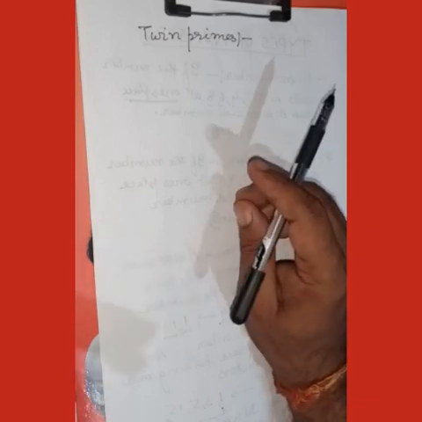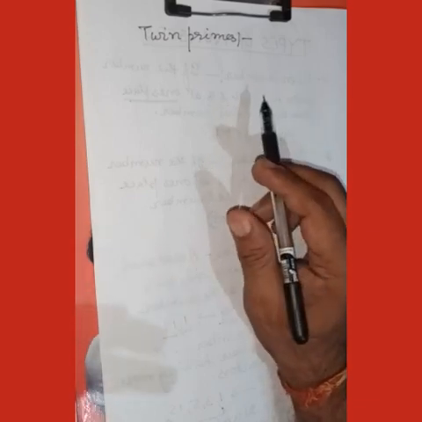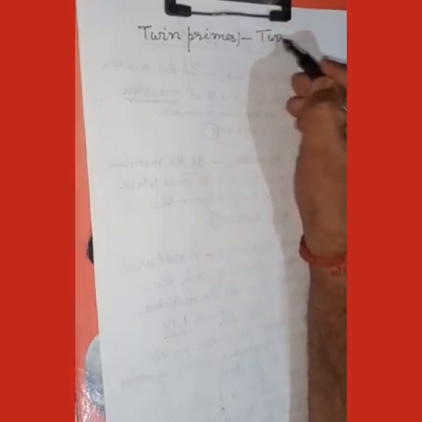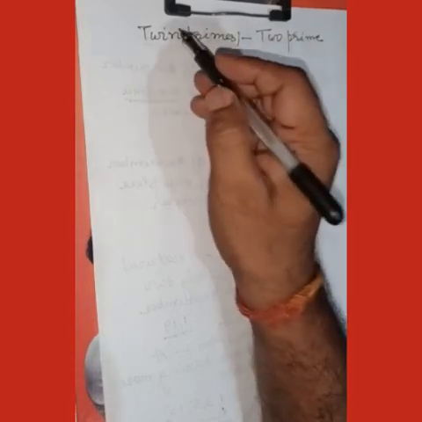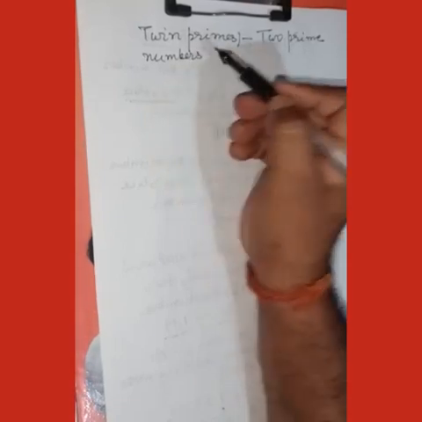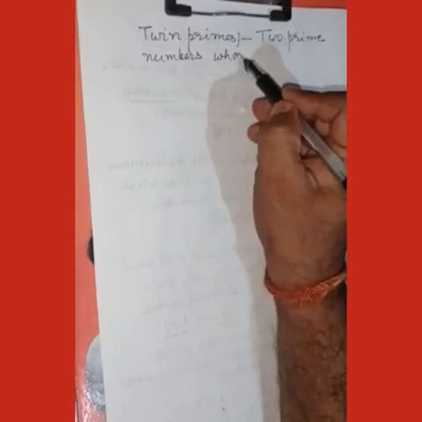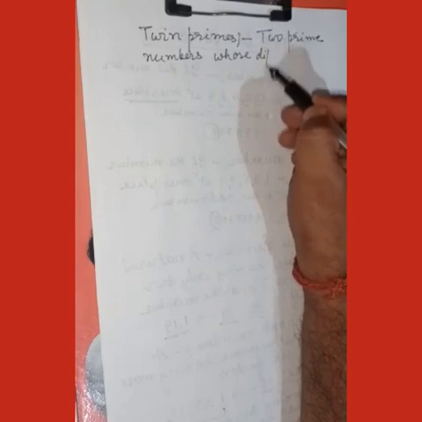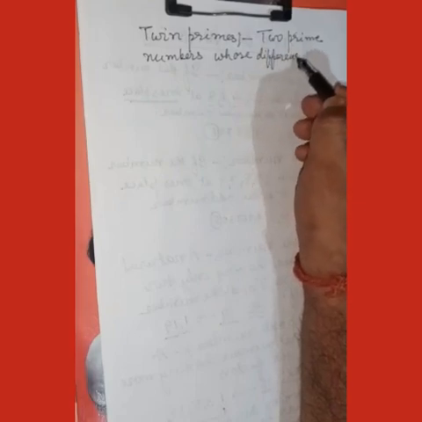Okay, then only we can say it is a twin prime number. Okay student, so we can say 2 prime numbers whose difference is 2.